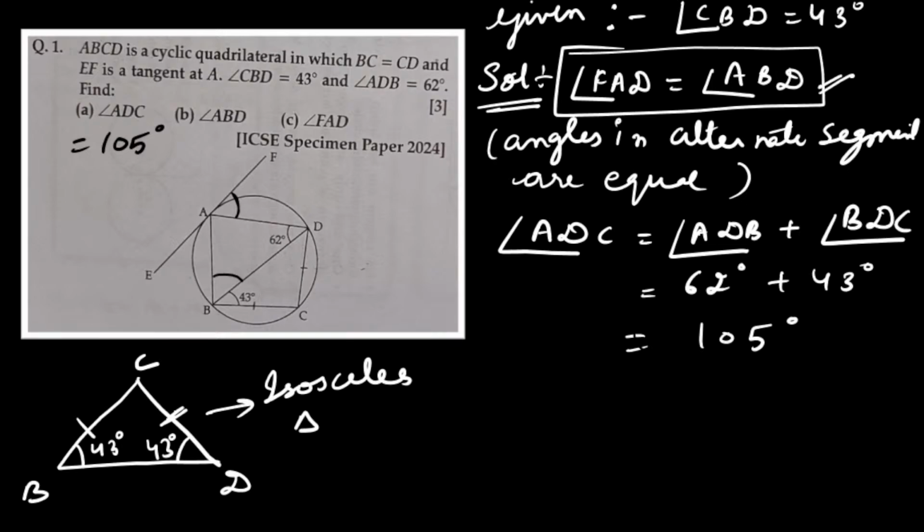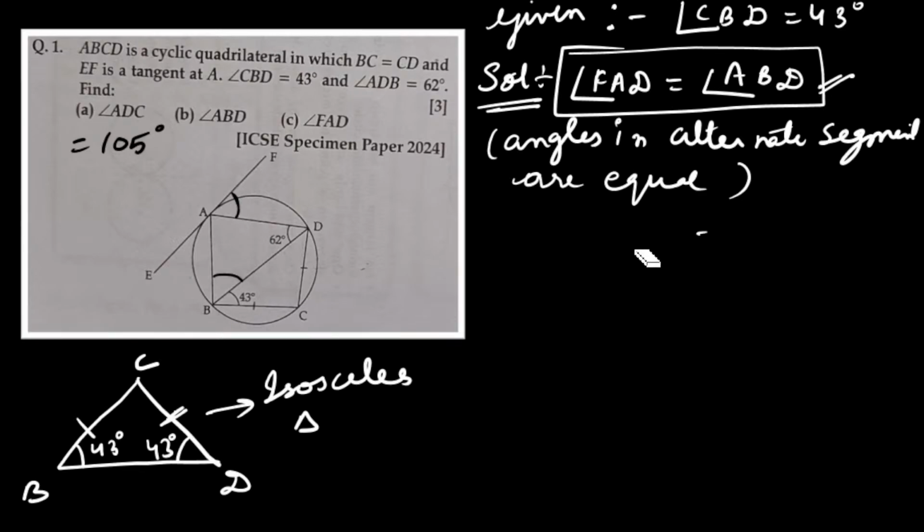So cyclic quadrilateral's property we have to use. Because these two angles are equal, and we know the property of cyclic quadrilateral, whenever a cyclic quadrilateral is given to us, we have to use its property. Cyclic quadrilateral means opposite angles.